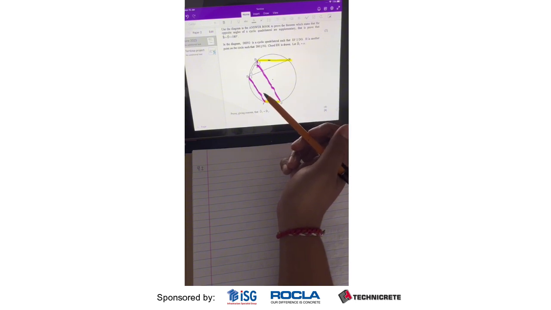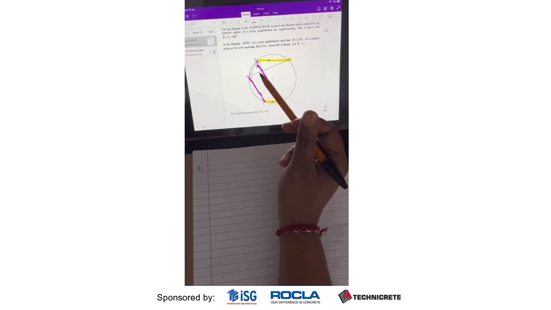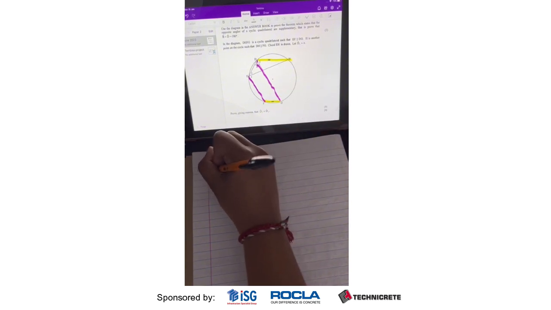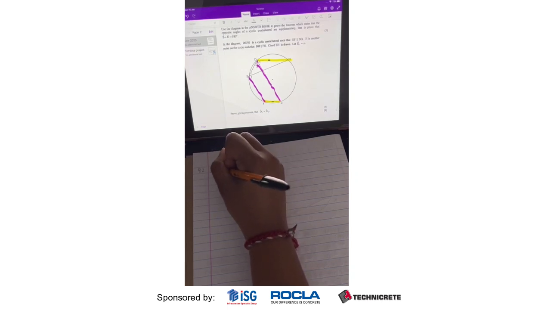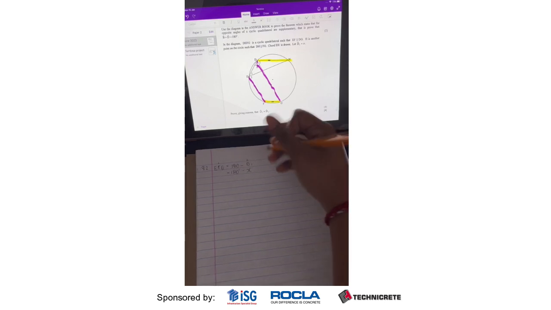We can say that angle EFG, this angle F, is equal to 180 minus X, because it's a cyclic quad and opposite angles of a cyclic quad are supplementary. So angle EFG is equal to 180 minus D1, which is 180 degrees minus X. And my reason is opposite angles of a cyclic quad.